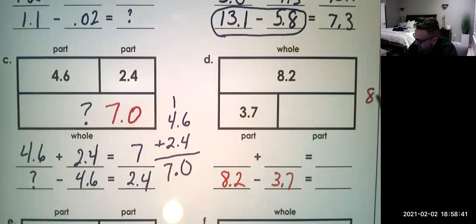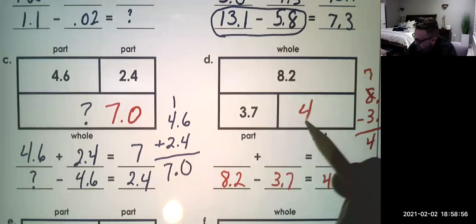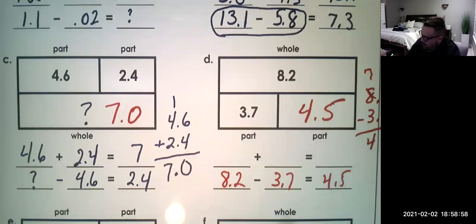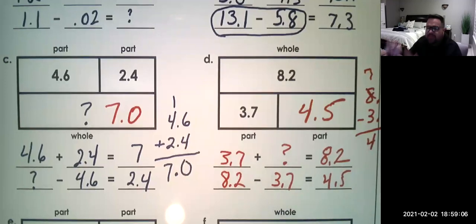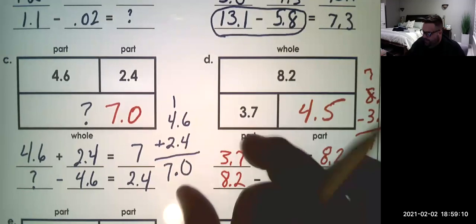And if you line that up right, 8.2 minus 3.7, you would regroup, and you'd have 4.5. So the other part is 4.5. Now remember, if you did the adding, you would put your 8.2 right here. You'd have your 3.7, and you'd be trying to find this. So these all work together, right? They're like a family. So for D, make sure you put 4.5.